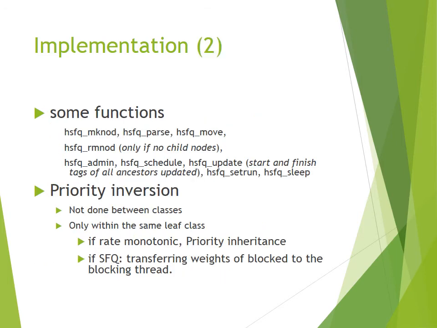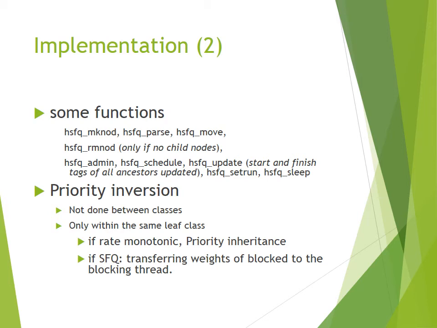For the implementation, some functions are needed. You can see that on this page. The other point is priority inversion. Observe that the threads in a system may synchronize or communicate with each other, which can result in priority inversion.